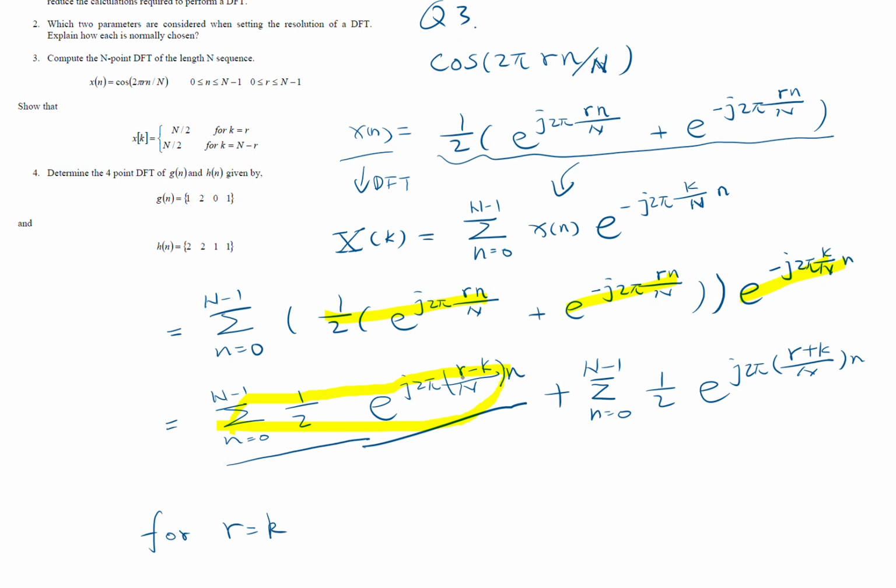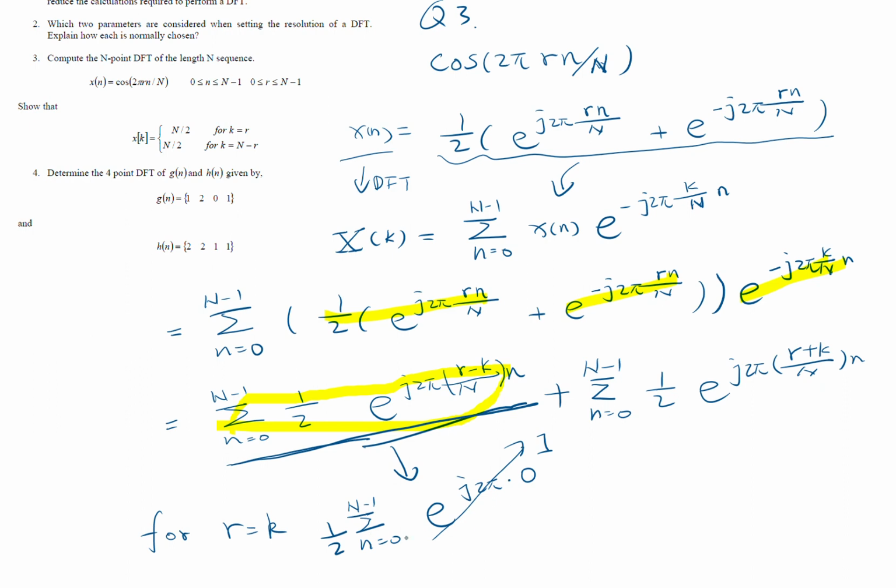There are two cases: when r equals k and when r is not equal to k. When r equals k, this whole term becomes the sum from 0 to N minus 1 of 1/2 times e to the j 2 pi multiplied by 0, because the exponent is 0, so this whole thing is equal to 1.